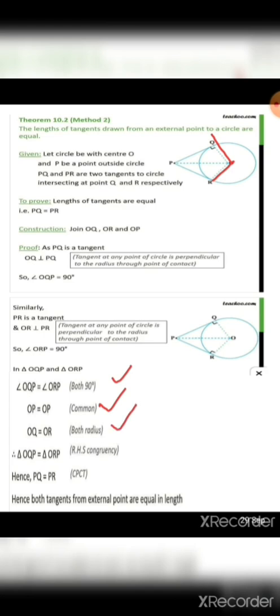From these three conditions, we can tell triangle OQP and triangle ORP are congruent by the RHS congruence rule. If these two triangles are congruent, then PQ equals PR. This is what we wanted to prove. Hence we can tell both tangents from the external point are equal in length. Hence the proof of the theorem.